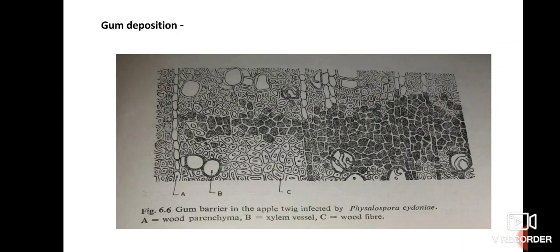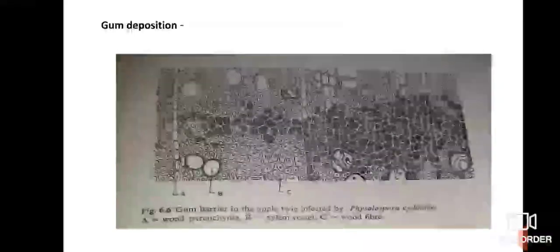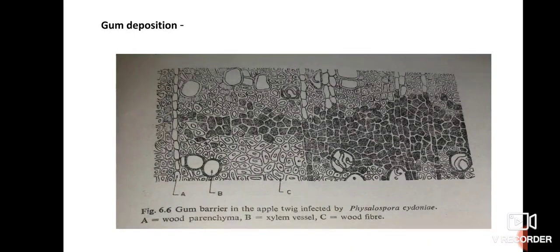Next is gum deposition. Gum deposition along the borders of disease lesions often serves as a protective demarcation and constitutes a type of mechanical resistance.